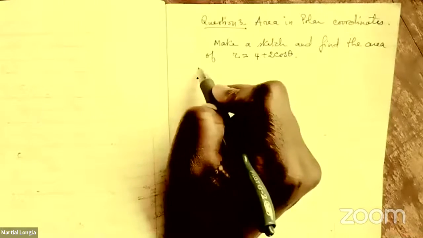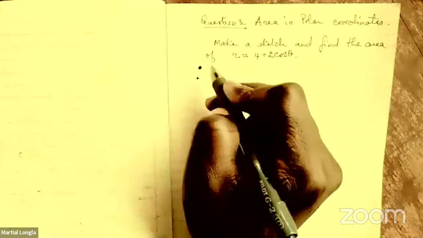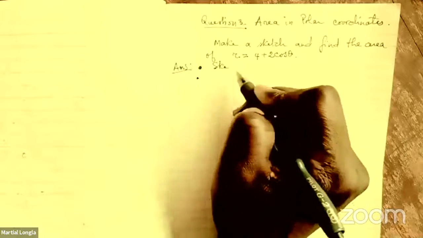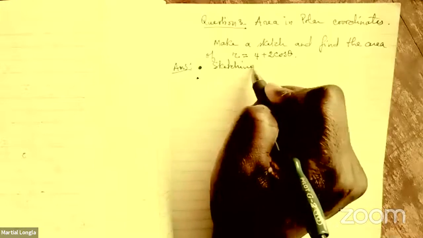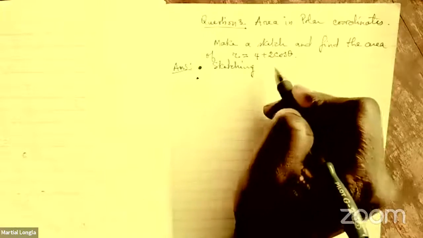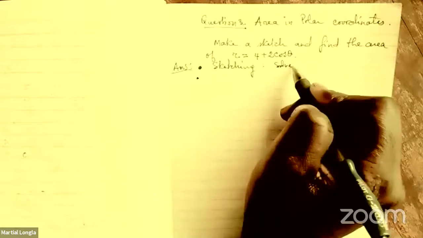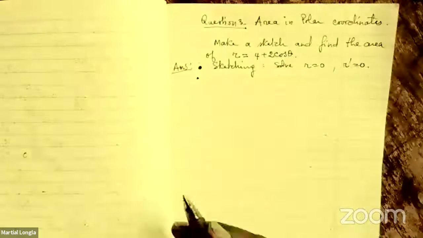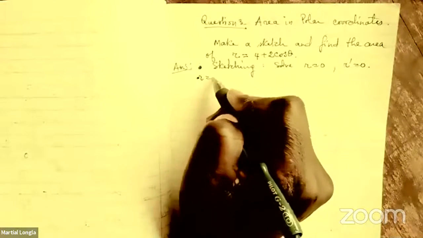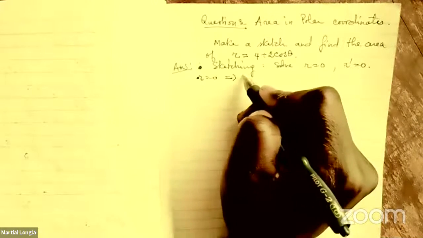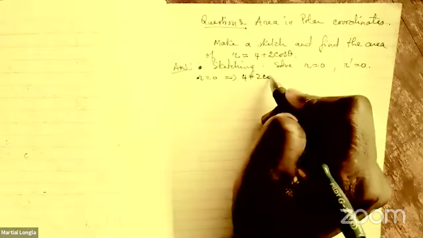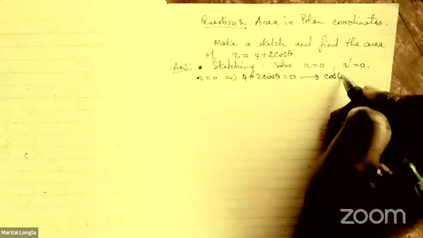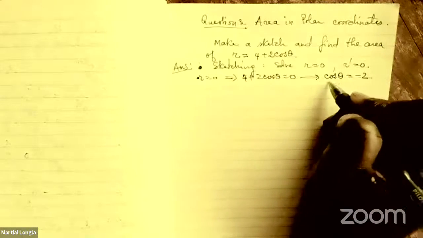We first need to solve r equals 0 and r prime equals 0. Sketching. Solve r equals 0, r prime equals 0. So r equals 0 here gives us 4 plus 2 cosine theta equals 0, which leads to cosine theta equals -2.